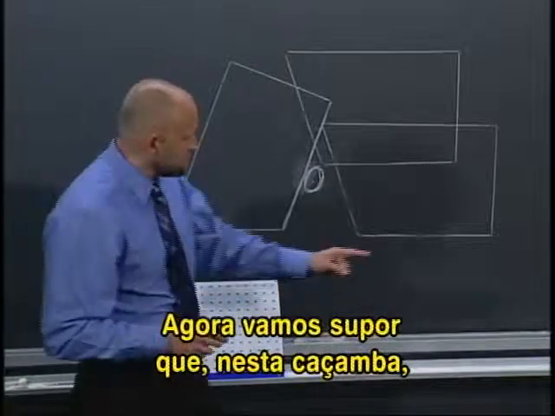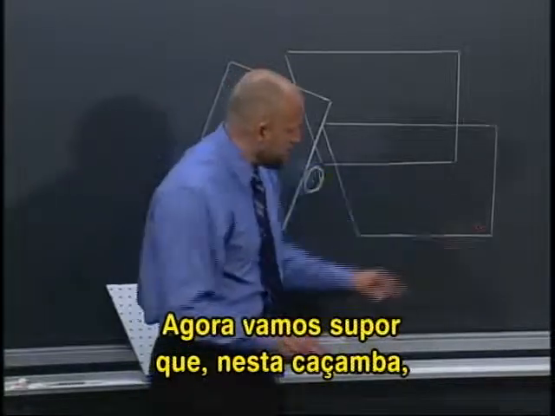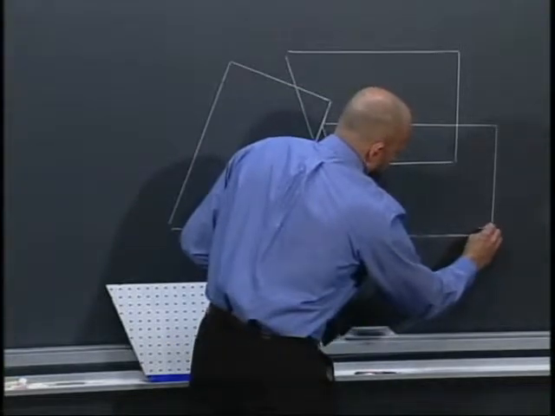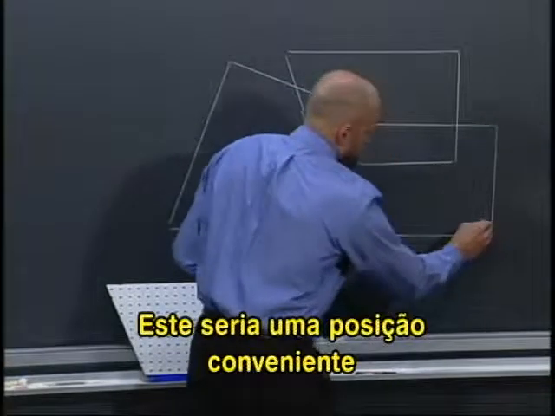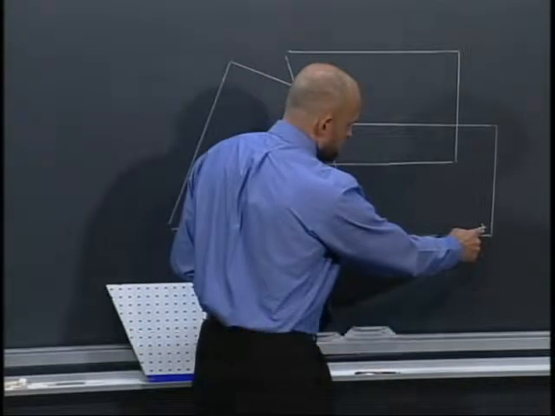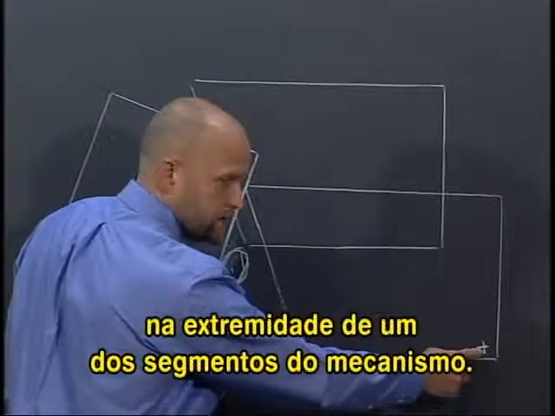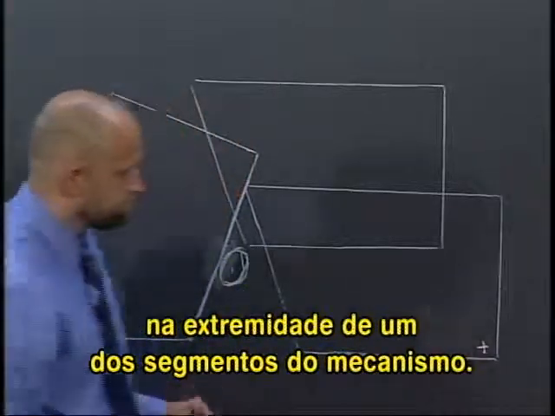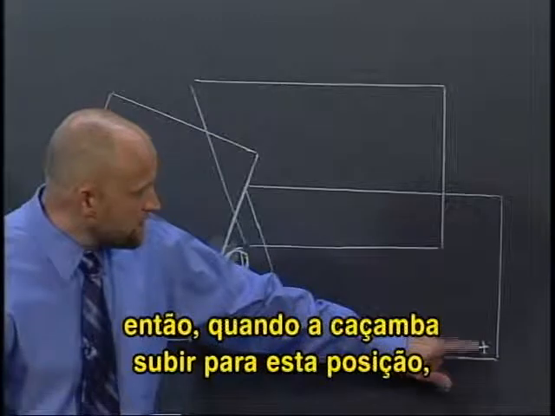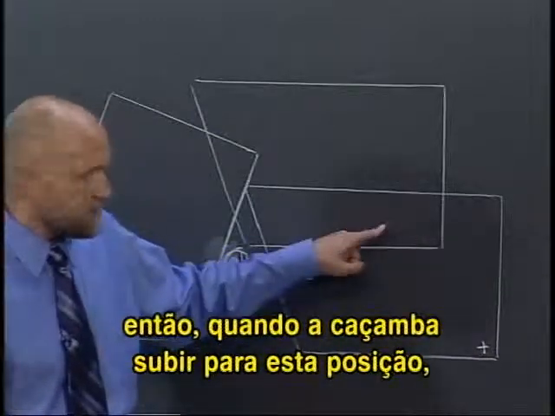Now, let's assume that on this bed, the first joint goes here. That would be a convenient place to locate a joint that is at the end of one of the links of the 4-bar mechanism.